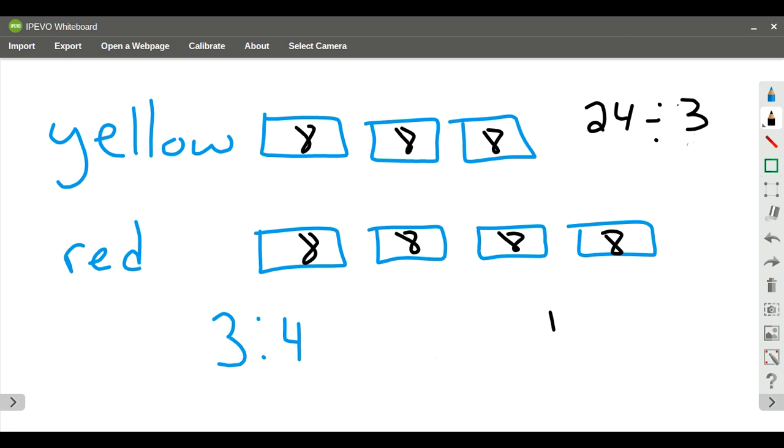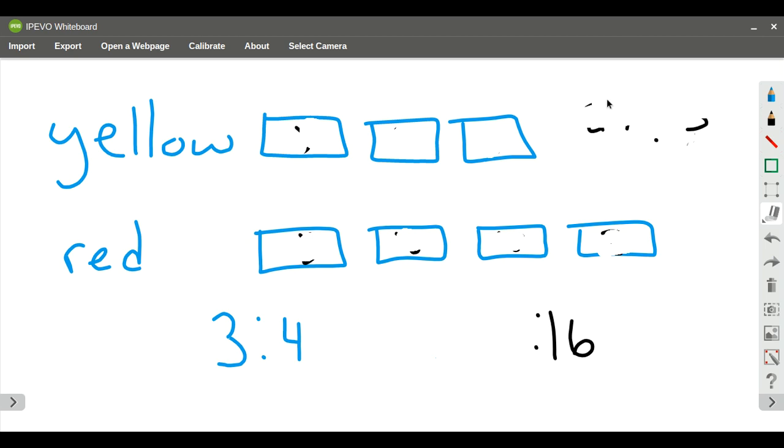Now I have 16 and I'm looking for what the ratio of yellow is going to be. The ratio is still 3 to 4, so this would look a little bit different. If I want to do my modeling, instead of doing 24 divided by 3, I would do 16, because that's the value that I know, and I would divide it by 4.